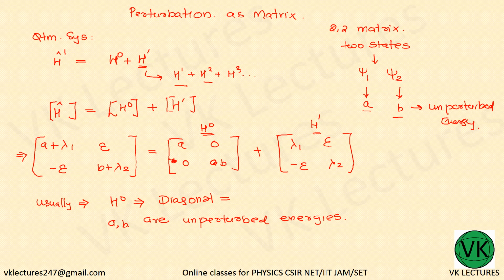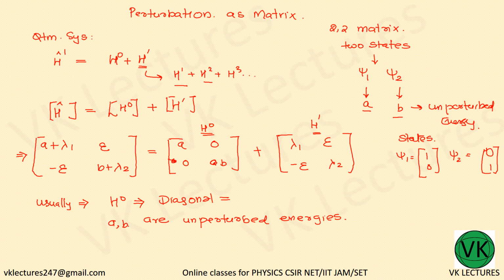And the states correspond to psi 1 equal to A 0, so we can represent it by 1 0, and psi 2 by 0 1. Now where do A and B go? A and B get cancelled when normalizing.